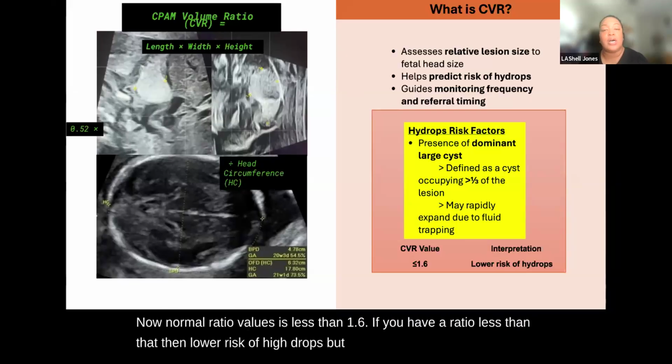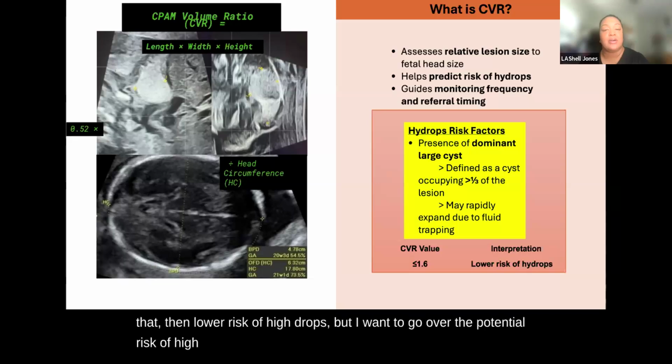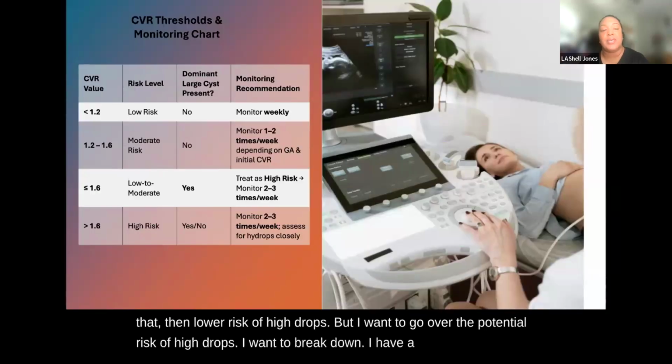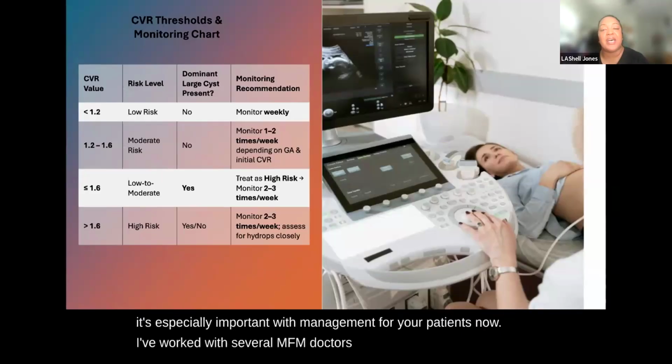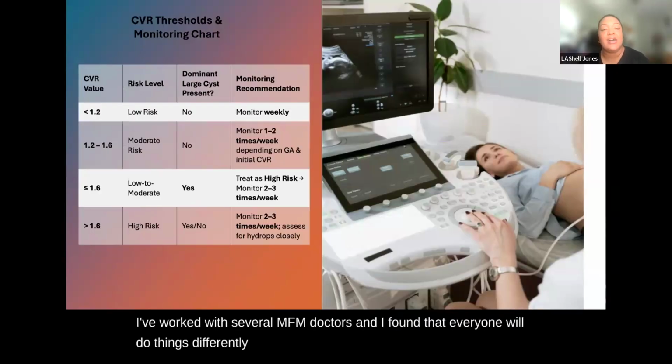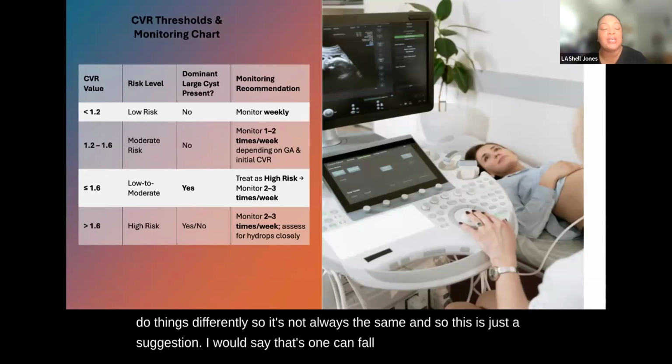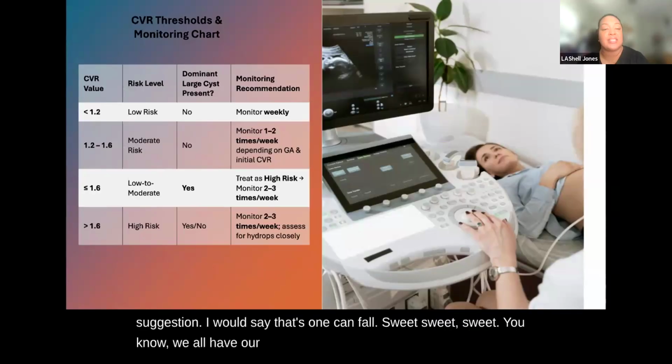But I want to go over the potential risk of hydrops. I want to break it down. I have a chart here because it's especially important for the management of your patients. Now, I've worked with several MFM doctors, and I found that everyone will do things differently. So it's not always the same. And so this is just a suggestion that one can follow. But of course, we all have our standards and protocols set in place.